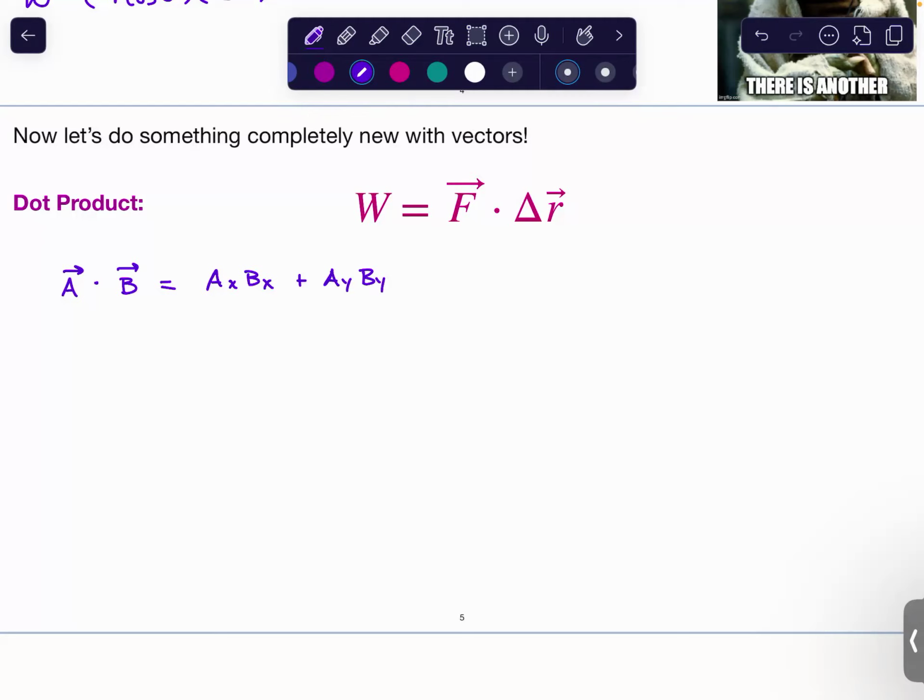So, for example, if A is 2i hat plus 3j hat, and B is 2i hat plus 4j hat, your A dot B is going to equal 2 times 2 plus 3 times 4, and that's going to give you the number 16. So you see the dot product is going to end up in a scalar quantity.